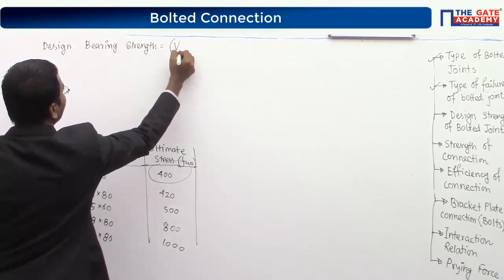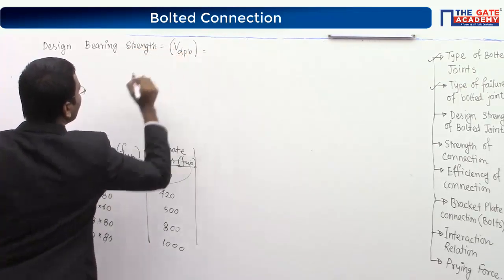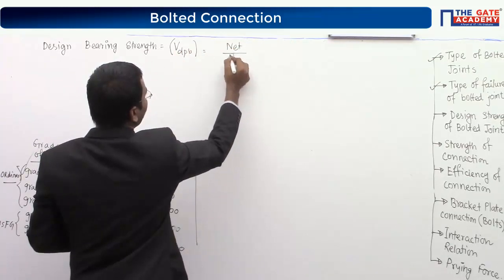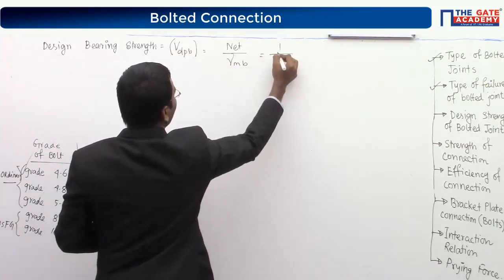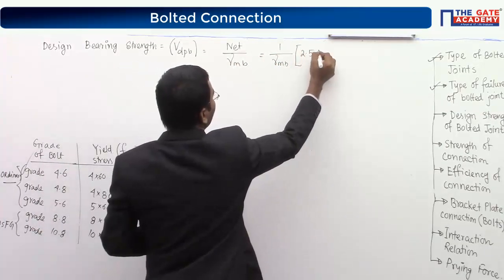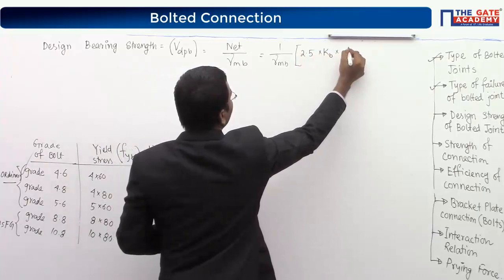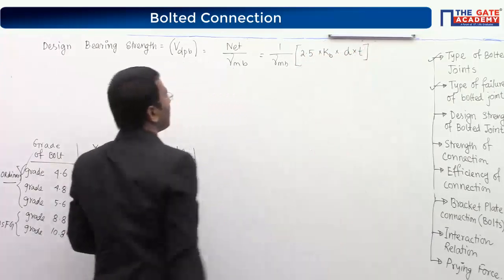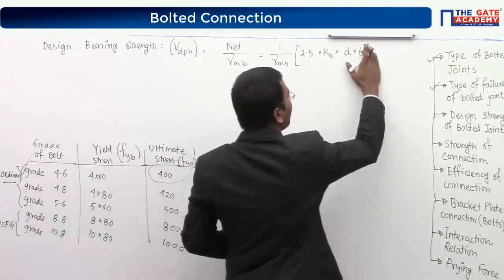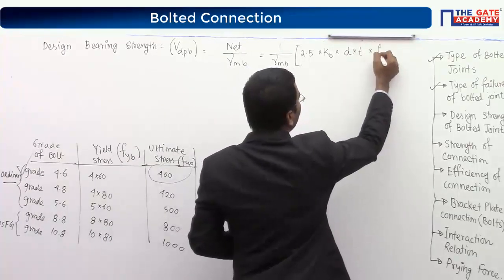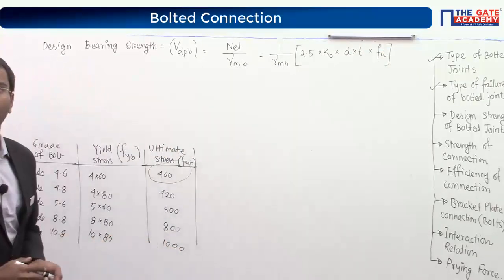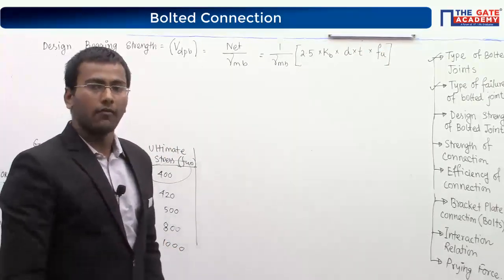So Vdpb equals again the nominal value divided by gamma mb. So I can say 2.5 into kb into d into t, multiplied by fu. Not fub, it is fu.